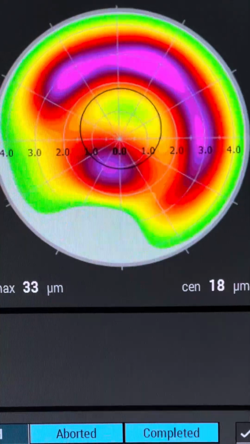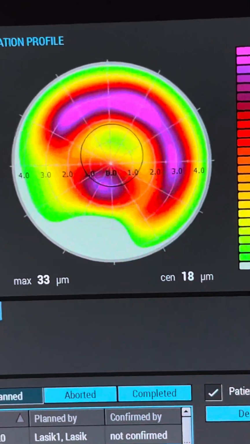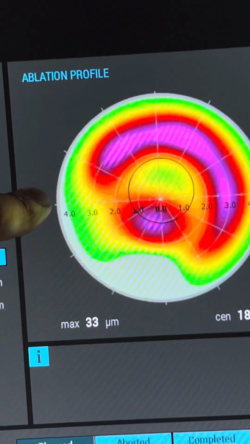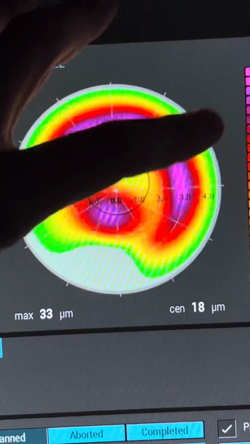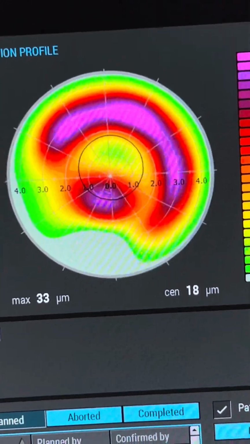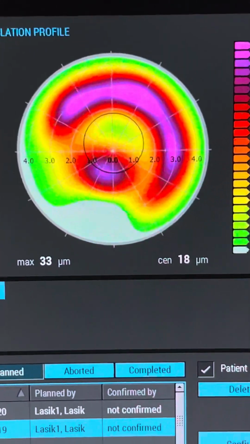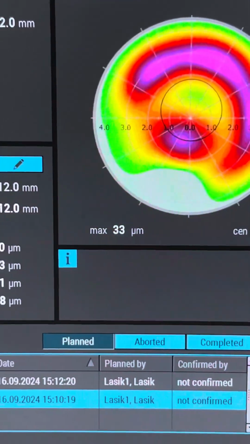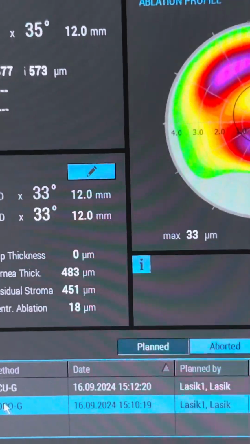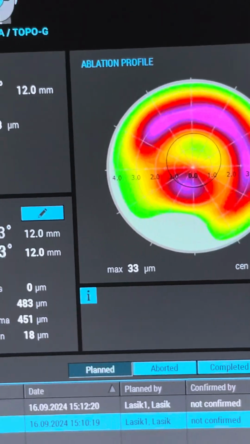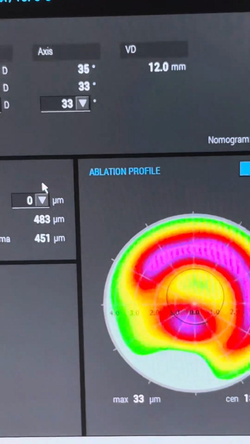And we can correlate here why the software reads and treats the peak of the cone, and then it will treat an arc away from the cone to normalize the cornea by steepening the area superior to the cone that is flat. So the way we design this, obviously we want to remove minimal corneal thickness, and in order to do that, we will have to manipulate this correction.